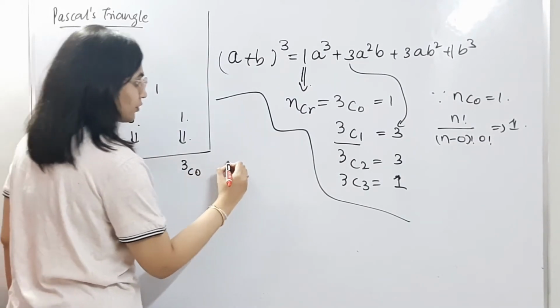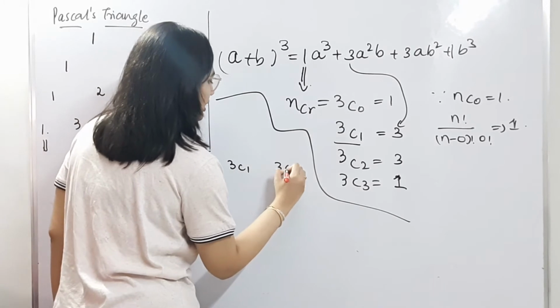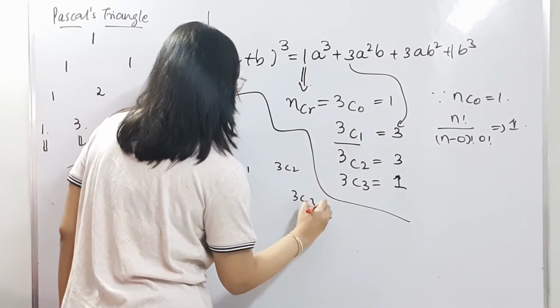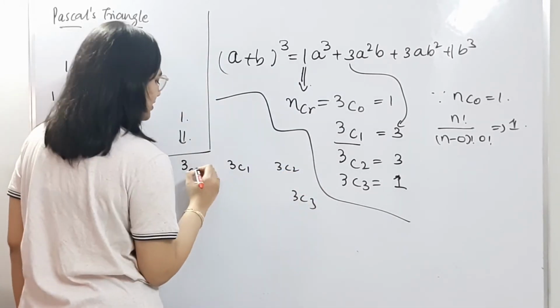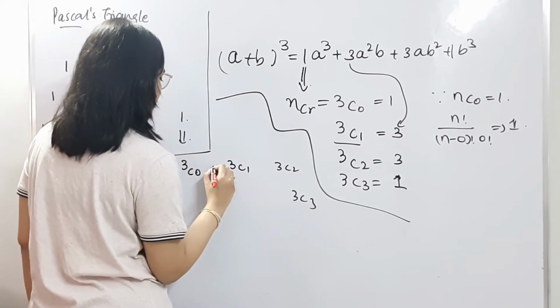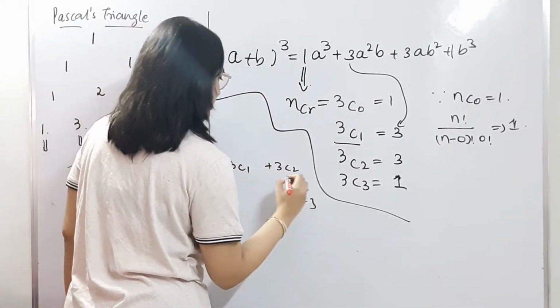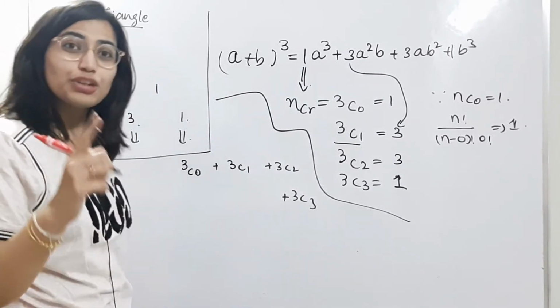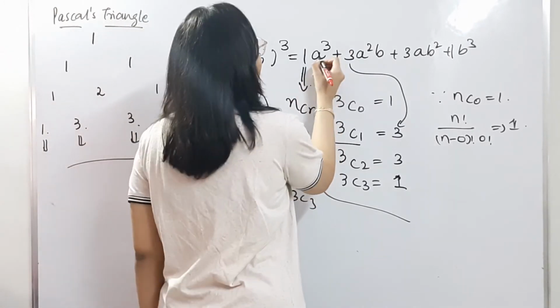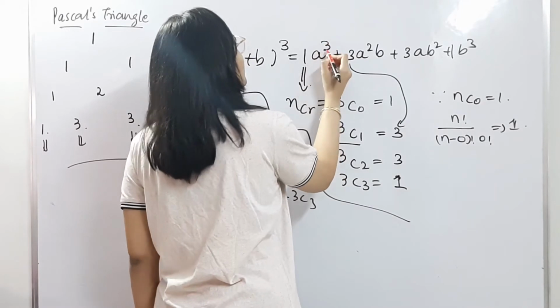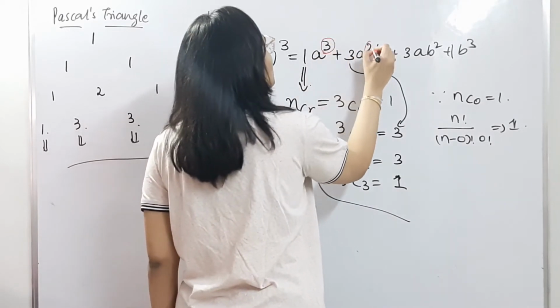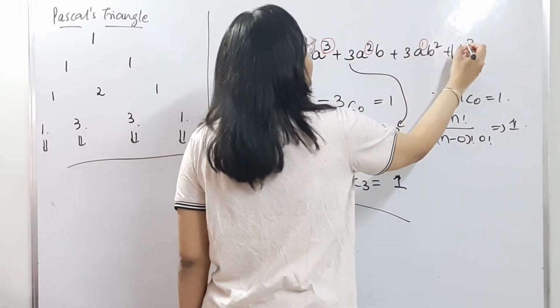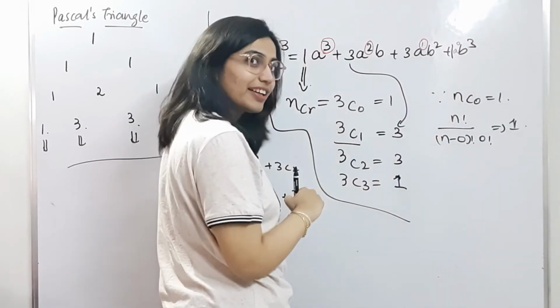3C0, 3C1, 3C2 and 3C3? Yes, and we have plus. So let's put the signs plus here first. Right. Okay. And you know that I told you the powers of the first term will reduce. And here it is 0. Right?